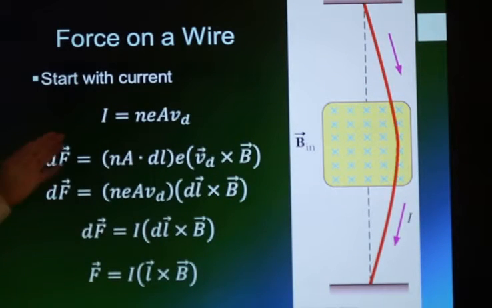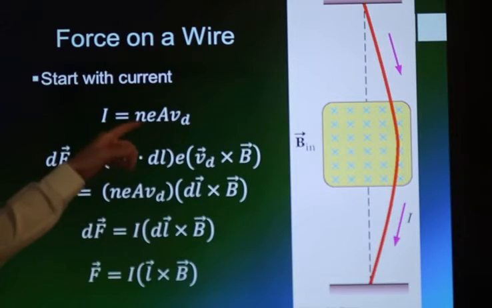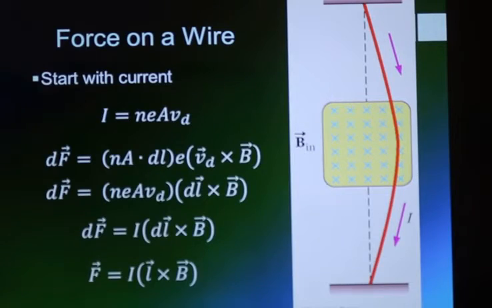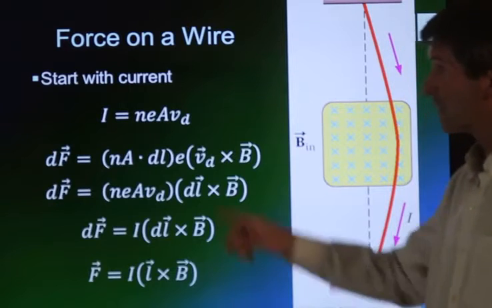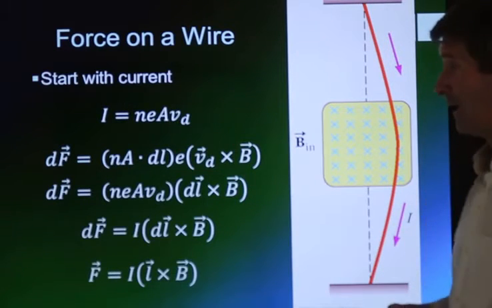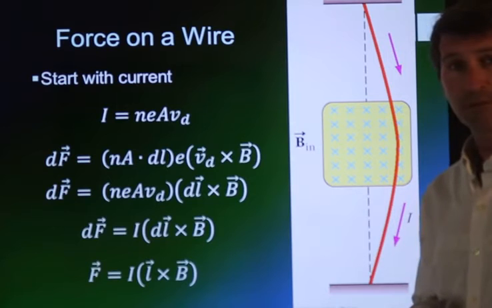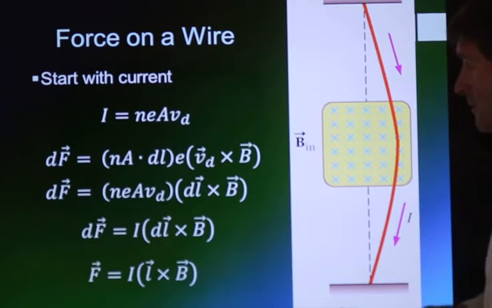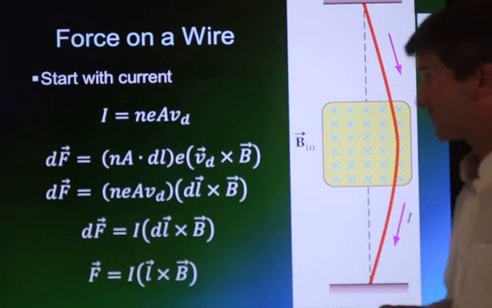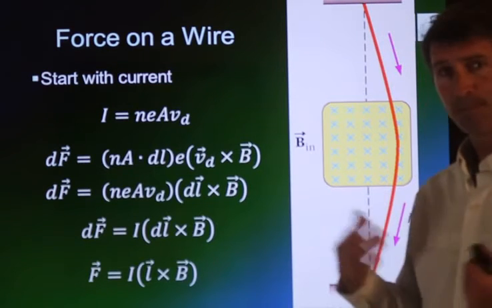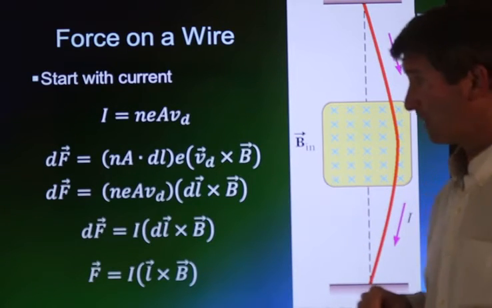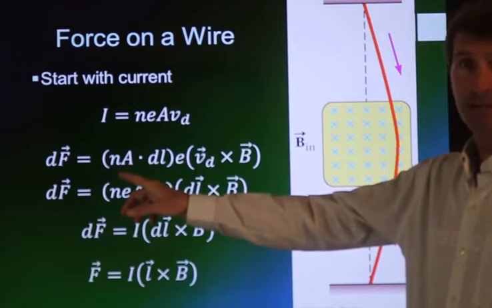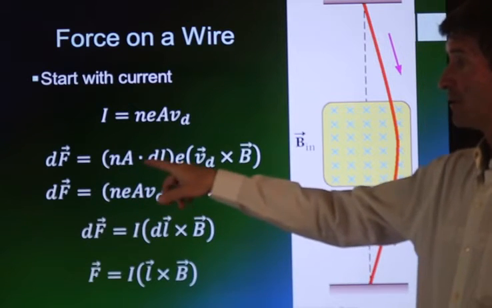Now, current is equal to the number of charge carriers per unit volume times the charge per charge carrier. If they're electrons, they're going to have an elementary charge, times the cross-sectional area, A, times the drift velocity of the charge carriers, in this case the electrons. So we can say the infinitesimal force on each small bit of charge is going to be equal to the charge density times the area times the infinitesimal length.